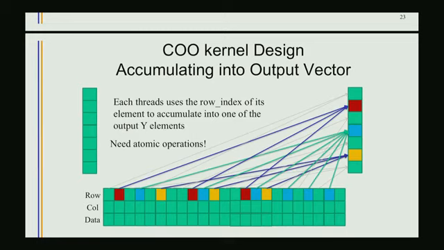Because, as I said, I've got all these threads operating on data. They're reading, and they may end up writing to the same location at the same time, and therefore I've got to synchronize. Specifically, synchronize with an atomic operation. Okay, make sense?